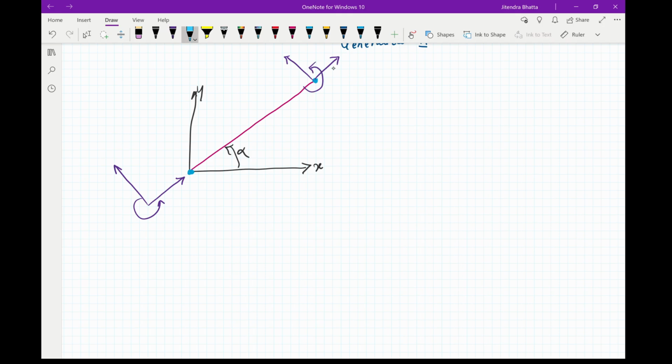I'm writing these directions as per the local orientation of the frame member, because what we have done is we have formed our stiffness matrix for a beam element or a frame element, where your degree of freedom 1 is perpendicular to the local axis of the beam.